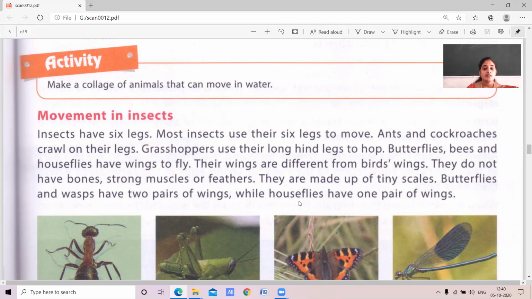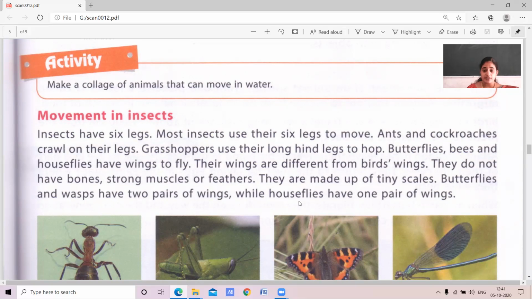Their wings are different from birds' wings, children. The wings of butterflies, bees, and houseflies are totally different from the wings of the birds, children. They do not have bones, strong muscles, or feathers.